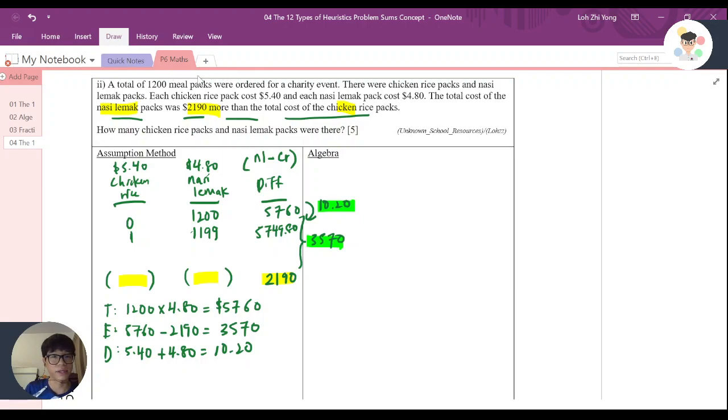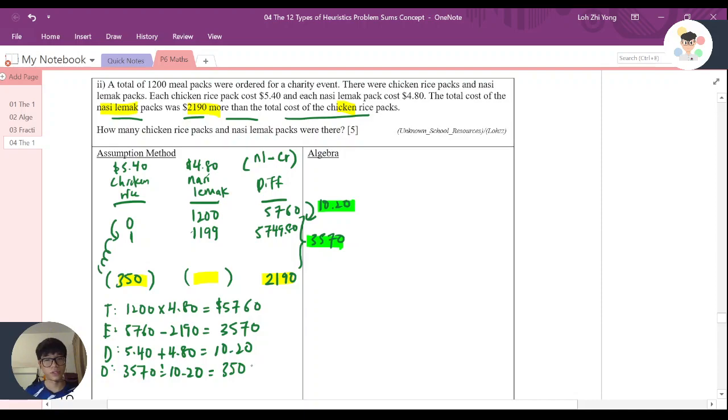What we'll be doing here is we use 3,570 divided by 10.20. Then I will know how many times I minus. Then you'll find out it's 350 times. And if there are 350 times that you minus, there will be 350 chicken rice, because you're going down.